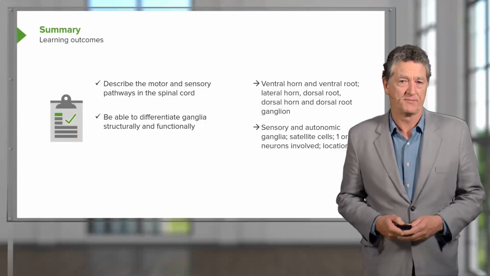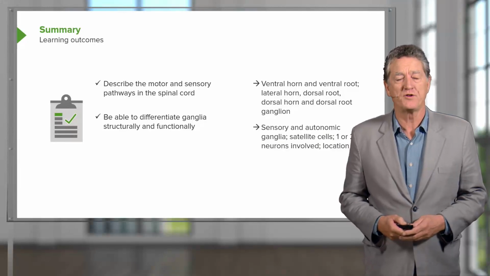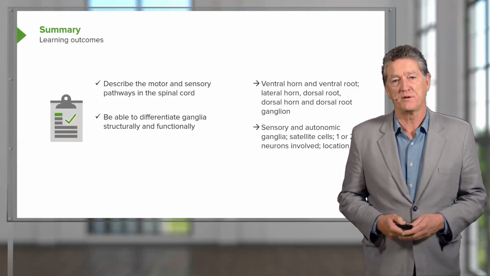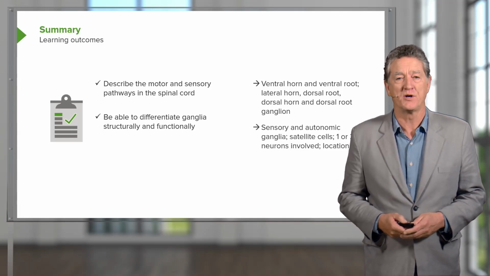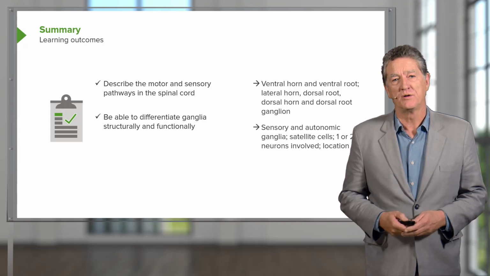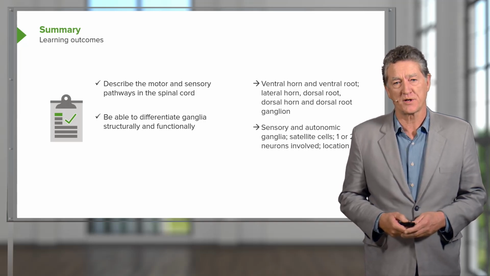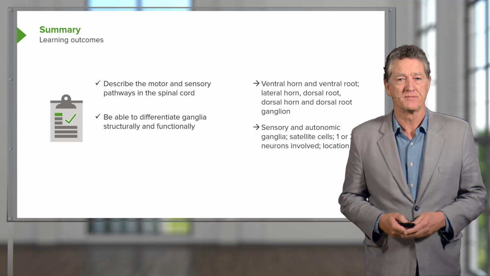So in summary, it is important for you to be able to describe the motor pathways, both the somatic motor pathways and the visceral motor pathways. And also be able to recognise in the spinal cord what structural components those pathways relate to.